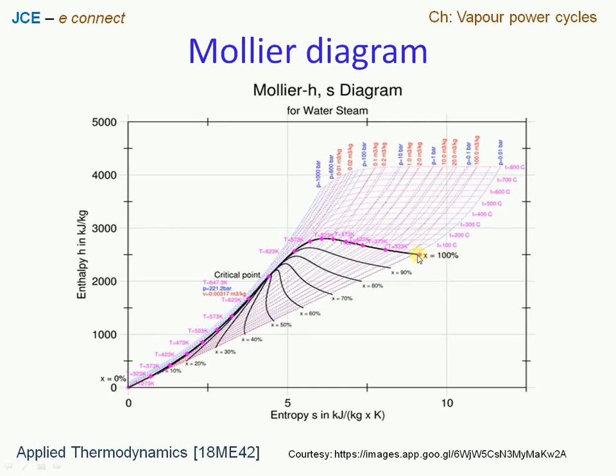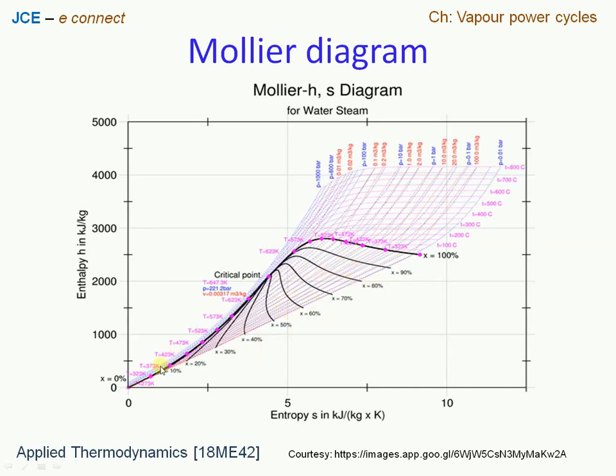As we come into the saturation dome, the quality drops and the amount of steam starts reducing, therefore we have 90%, then 80%, likewise 70%, 60%, and all the way up to 0%. So this is some information that we can get within the saturation dome.